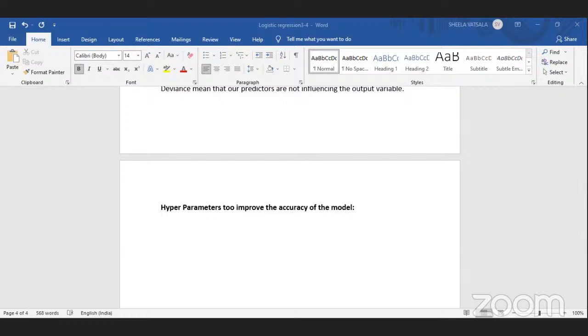One of them is solver. Another one is penalty.